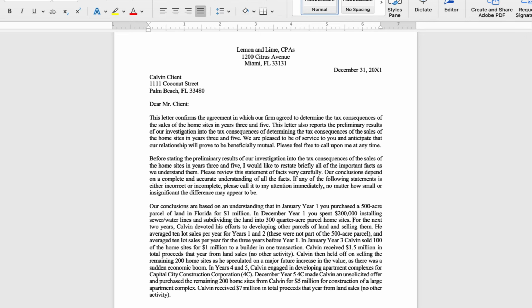For the next 2 years, Calvin, and that's where we can put you, devoted your efforts to developing other parcels of land and selling them. He averaged, that should be you, right?